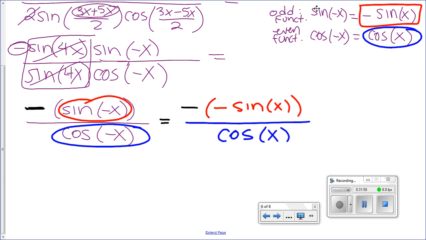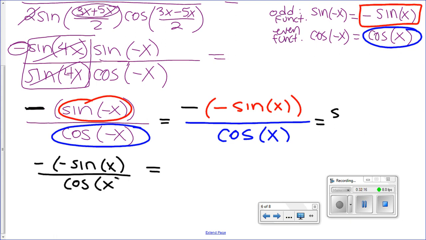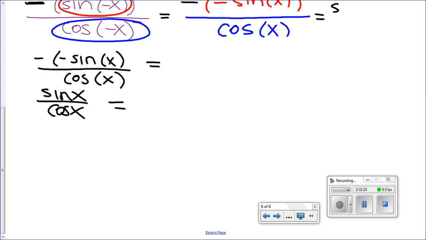Now, what do we get? Negative times negative, right? Positive. So we just have, whoops, and I should have been working down. Sorry. So it should have been this. So positive sine x over cosine x, and I think you all know what that is equivalent to, right?